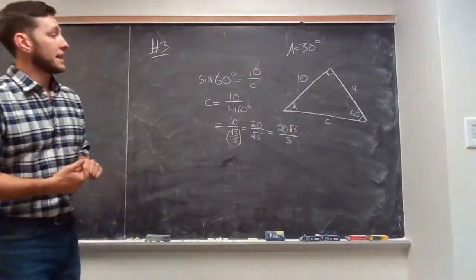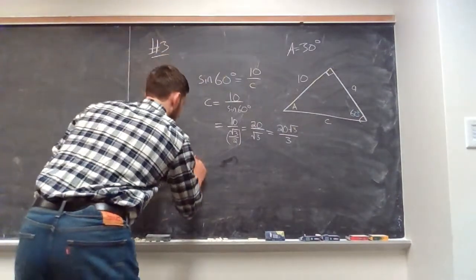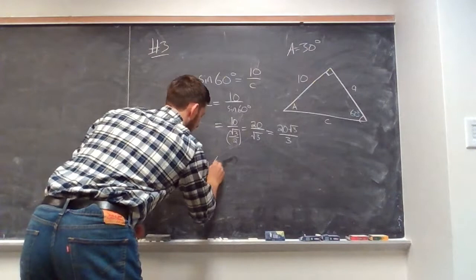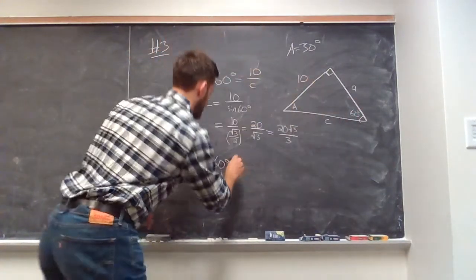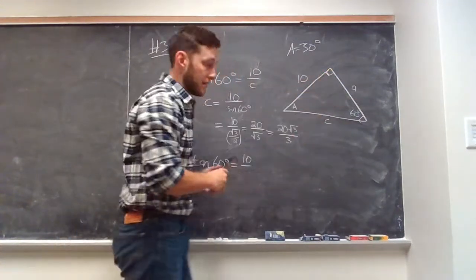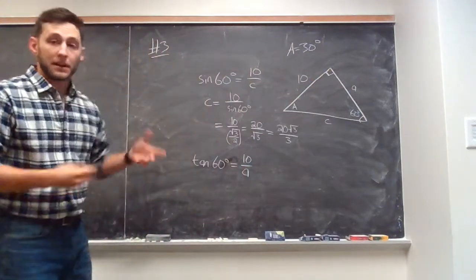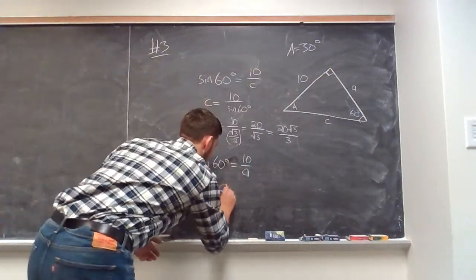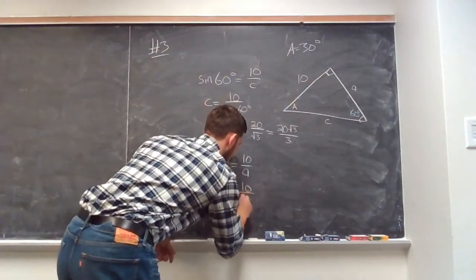Last but not least, to get my hands on A, what I'm going to invoke is tangent. Tangent of 60 degrees, that is my opposite side, 10, divided by my adjacent side, A. Similar manner to how we've been solving it, A better equal 10 divided by tangent of 60 degrees.